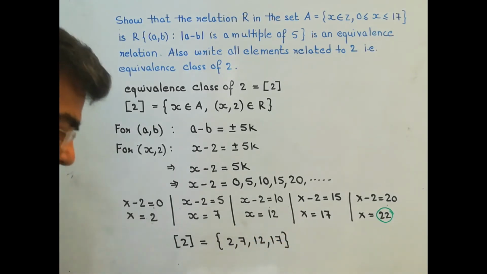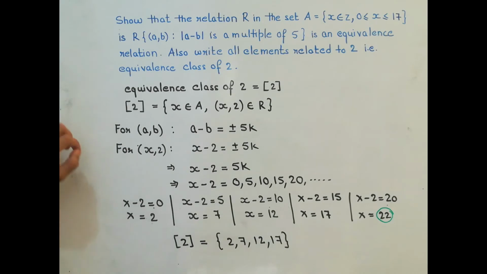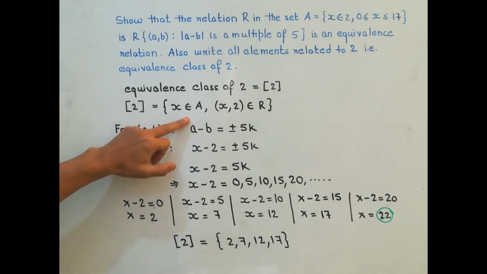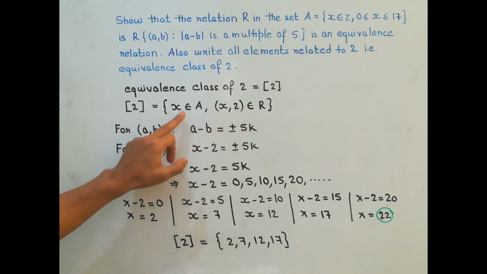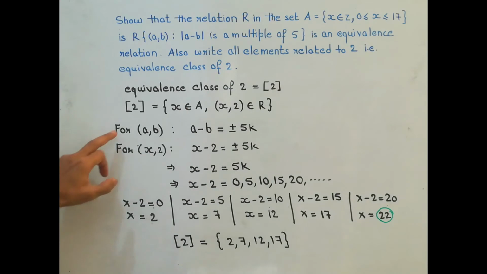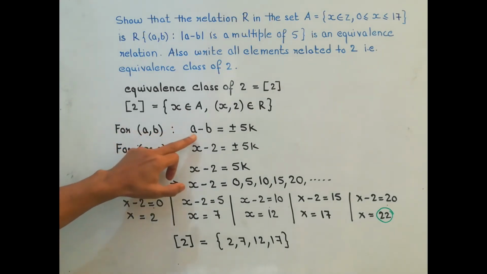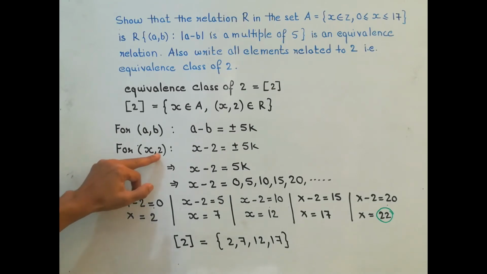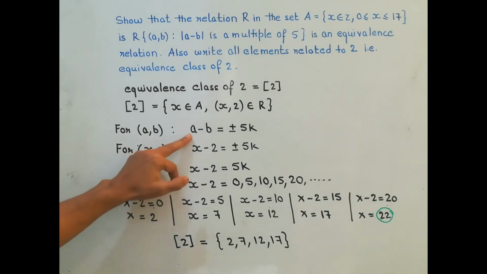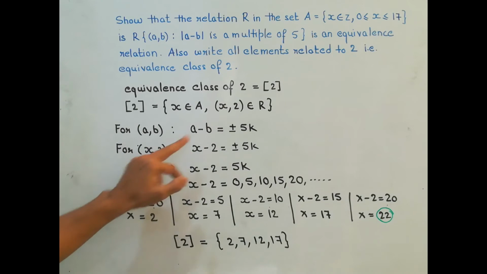So see here what we have done is, we were asked to find the equivalence class of 2. So we have written the formula for the equivalence class of 2: x comma 2 will belong to that relation where x belongs to A. Now the relation for a comma b was given as this. So the same relation when written for x comma 2, we are replacing a by x, b by 2.